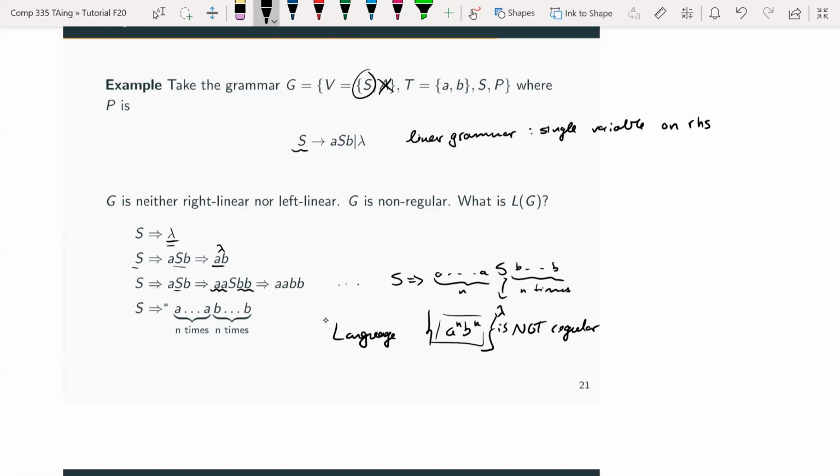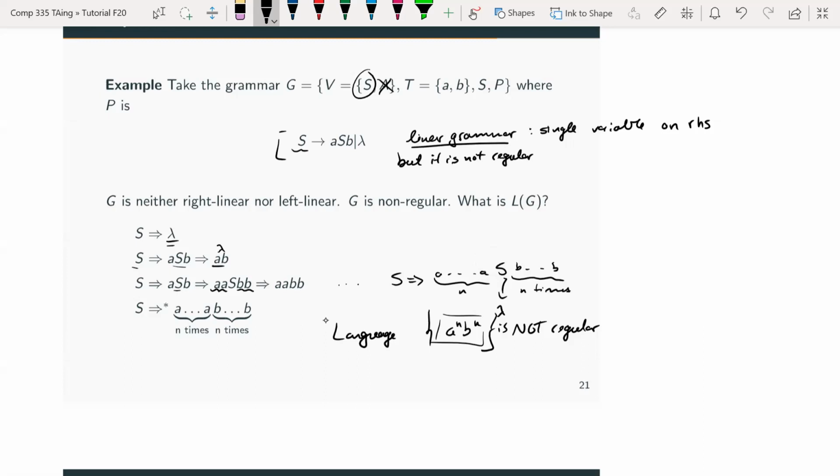Alex's question refers to grammars in particular. So there's a difference between a regular grammar and a regular language. Here, this grammar is linear, but it is not regular. Yes, this grammar is not regular because it is neither left linear nor right linear.